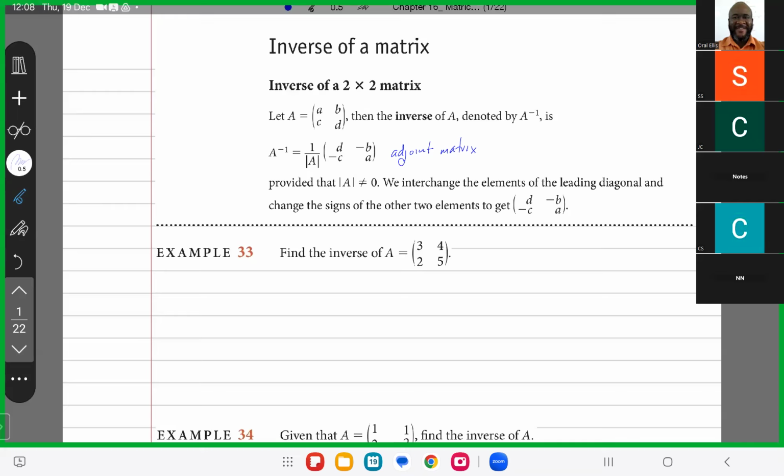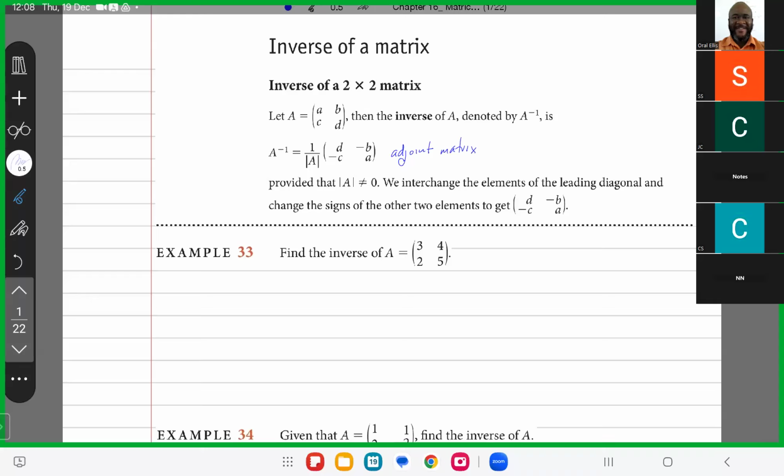This says provided that the determinant of A is not 0, we interchange the elements of the leading diagonal and change the signs of the other two elements to get the adjoint matrix. So to get the adjoint matrix, if A is the matrix A, B, C, D, adjoint A would be D, and so on.